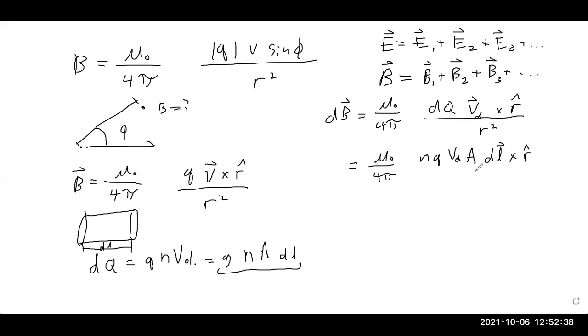And I made the vector quantity the dl instead of the drift velocity, but it doesn't actually change anything because in a wire, they're going the direction that the wire goes. So it's the same direction. So changing which one gets the vectors doesn't change things.